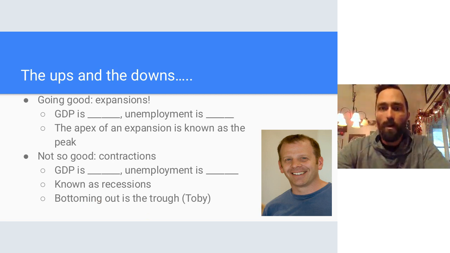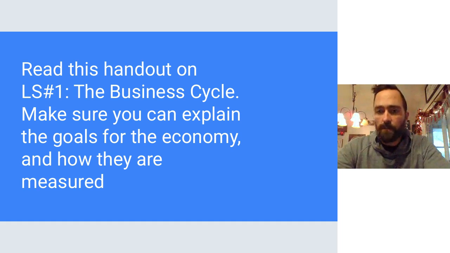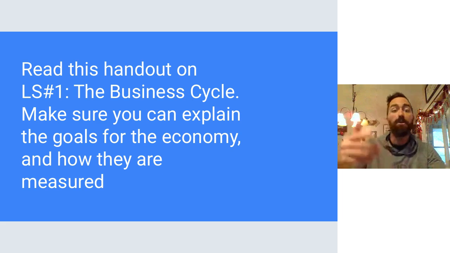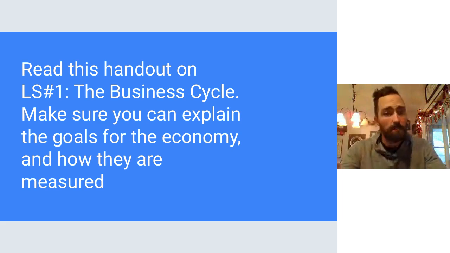So what I'd like you to do after this, make sure in today's Canvas announcement, if you could read the handout on the business cycle. It lists the 3 main goals of the economy, which I summarized in this video. And then it also lists how those goals are assessed, how they're quantified. Quantified means to put into numbers.